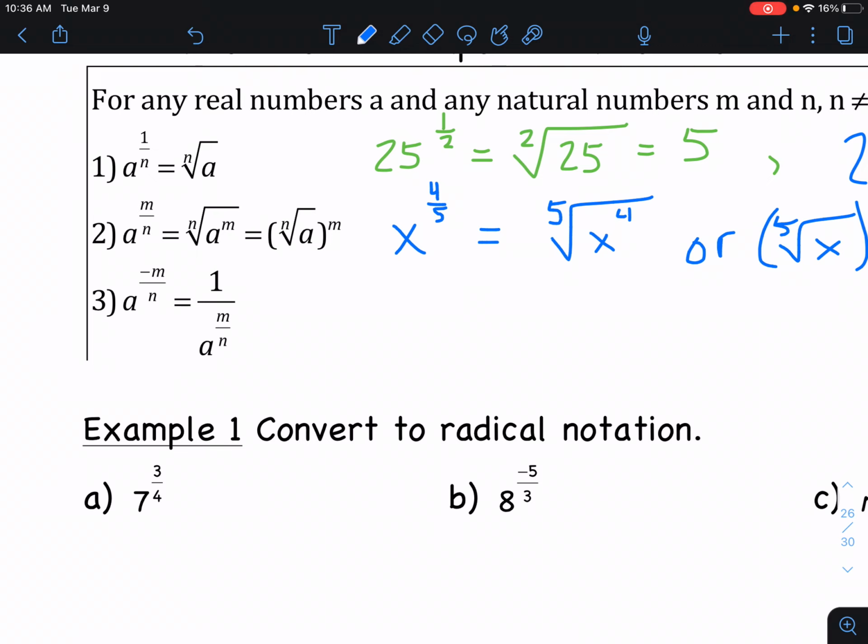Number 3 reintroduces an old exponent property that says our answers are not allowed to have negative exponents. So remember that you would make it a fraction or reciprocal, and move the a to the bottom of the fraction, making the exponent positive, and vice versa.